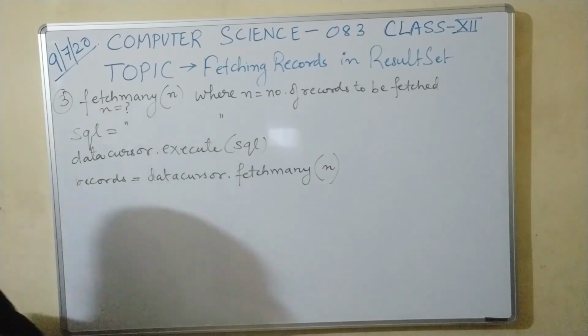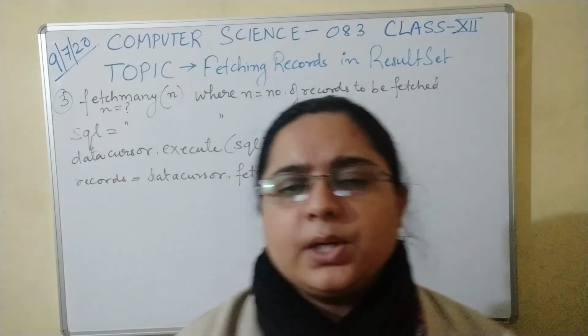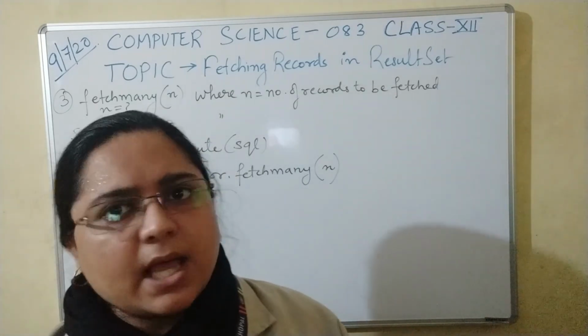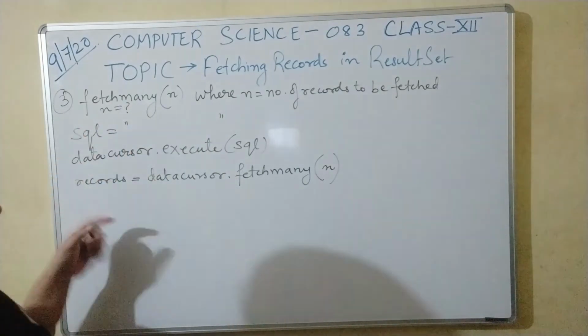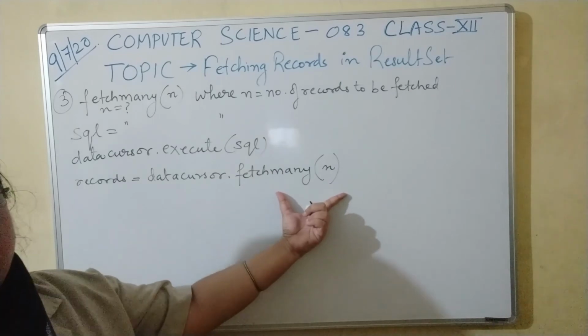You can do it simply using int input, enter the number of records to be fetched, and that would be saved within n, and you just have to provide this n over here.